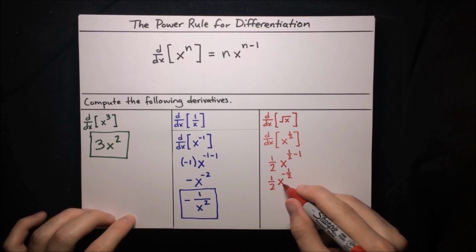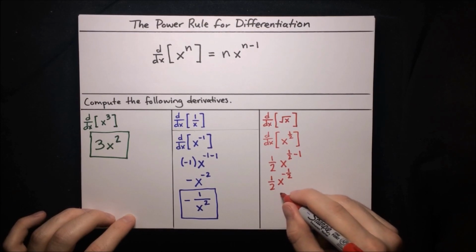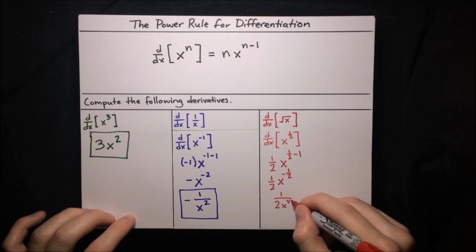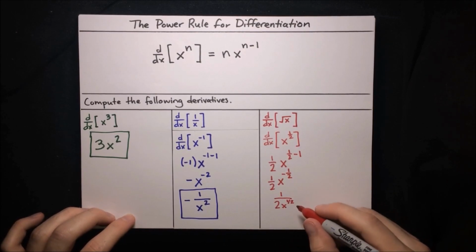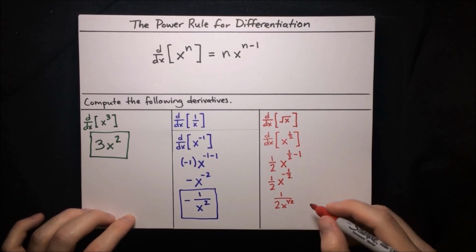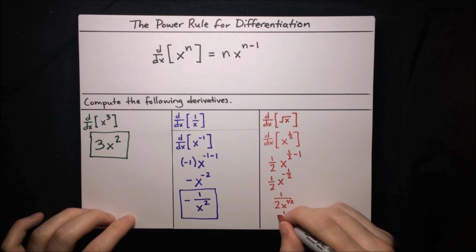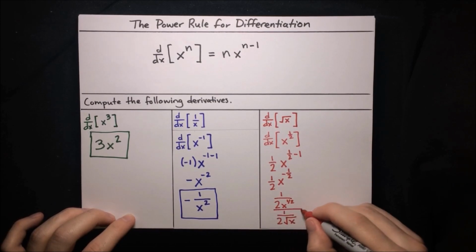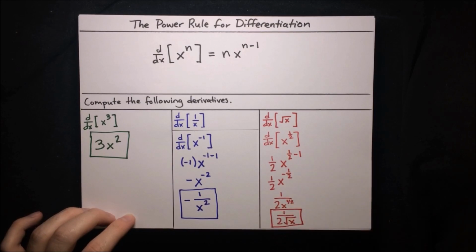So the x will hop down in the denominator of the fraction. It'll be 1 over 2x to the 1 half. And actually, why don't we convert this fractional exponent back to a root form also, because that's how it was in the original problem statement. So this just becomes 1 over 2 times the square root of x. And there we go. There is our derivative.